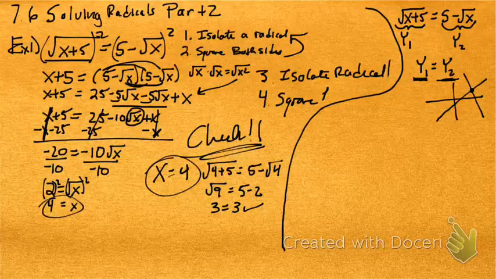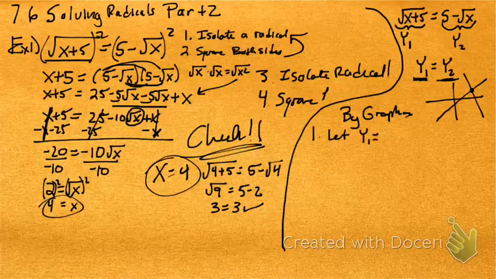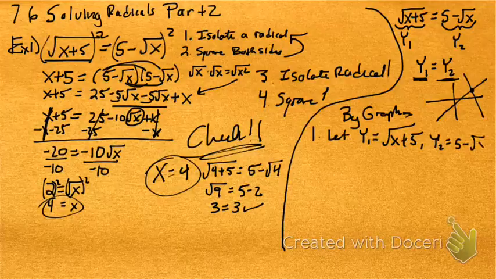So when you solve by graphing, your first step is to let y1 equal the left side of the equation, which in this problem is x plus 5, and let y2 be 5 minus the square root of x.